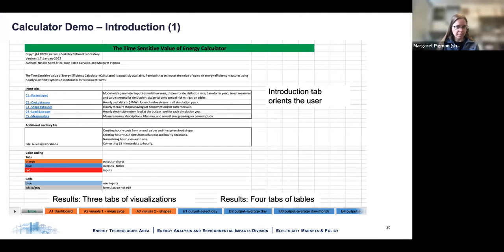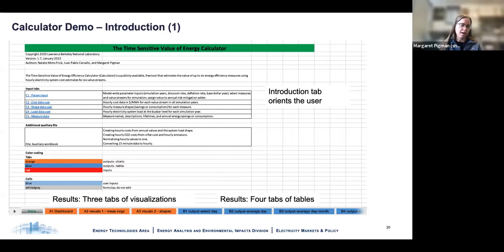So this overview is going to be a bunch of screenshots showing the types of inputs and outputs from the calculator, but really the user guide goes into much more detail. So when you open the calculator, you're greeted by an introductory slide to explain what all the tabs do, and they're also color coded.